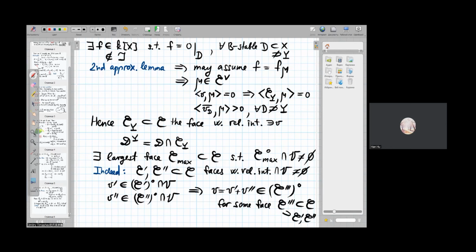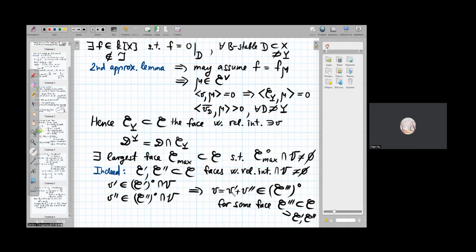Because if you take any supporting function for this face, C triple prime, then this supporting function will take 0 value on V. And since it is a supporting function, it takes non-negative values on V prime and V double prime. So these values should also be 0.